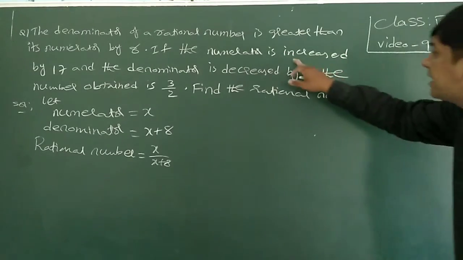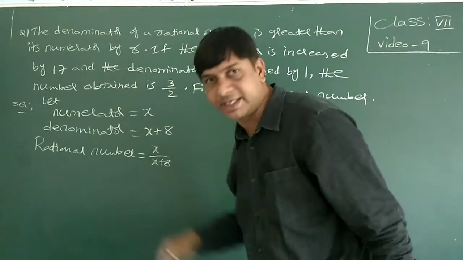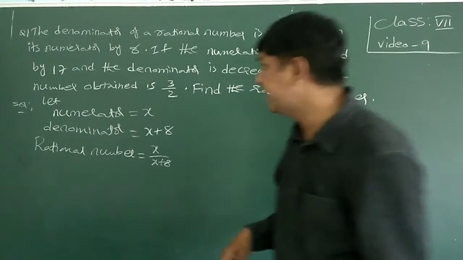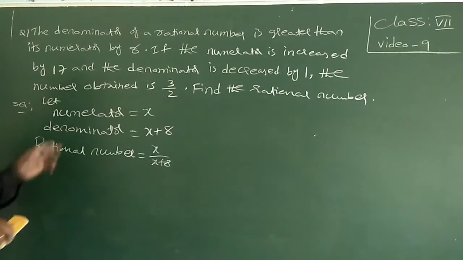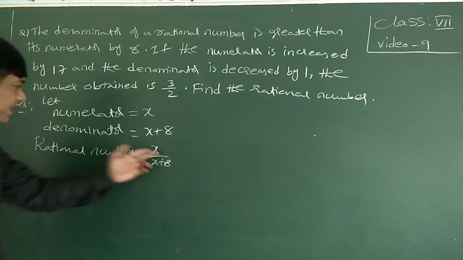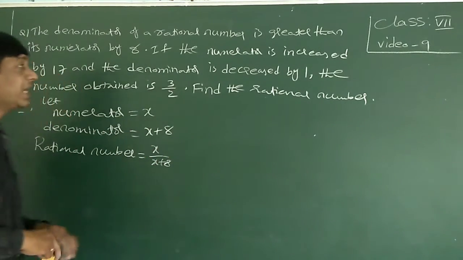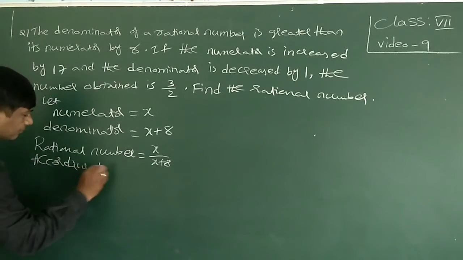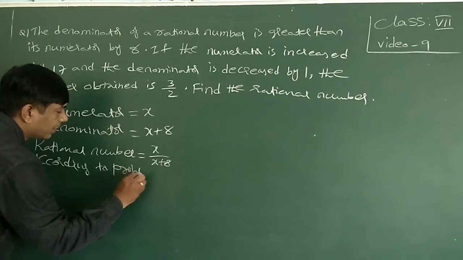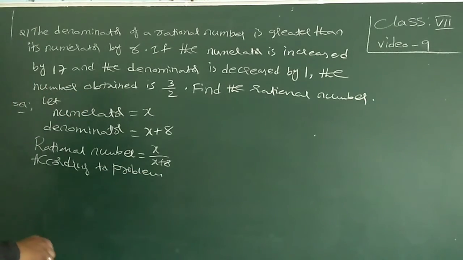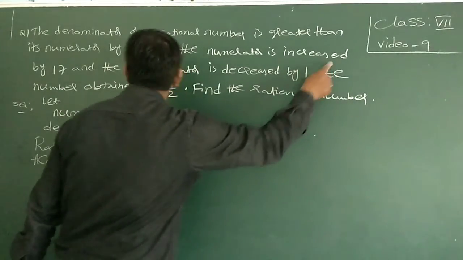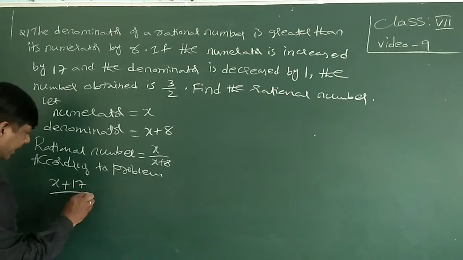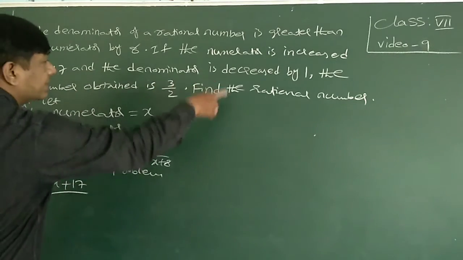If the numerator is increased by 17. According to the problem, what is the numerator? x increased by 17, and the denominator is decreased by 1.